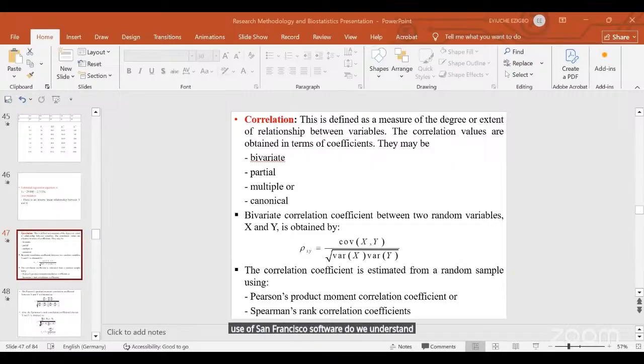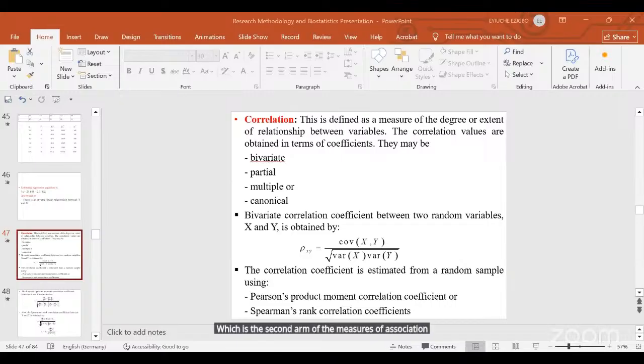As a result, all that we are going to be seeing is the output, the results. And once we see the output, we will report it and then discuss it. And that is the end of that. So we will not go into the rigor of trying to solve a regression analysis problem. Having said that, we will jump to correlation, which is the second arm of measures of association.